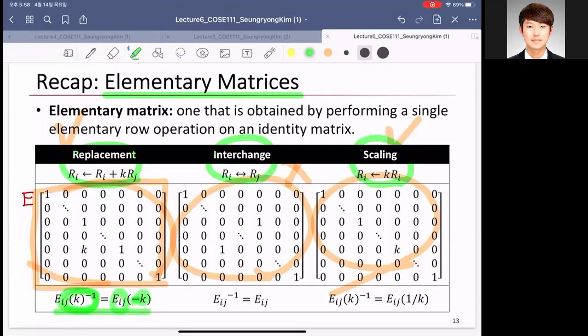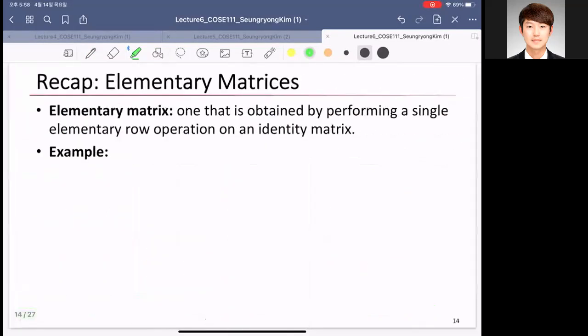If interchange, the inverse of E is E itself, and in the scaling case, the inverse of E is equal to the elementary matrix of 1 over k. We will not prove this one, but we will just see why this statement is true here.